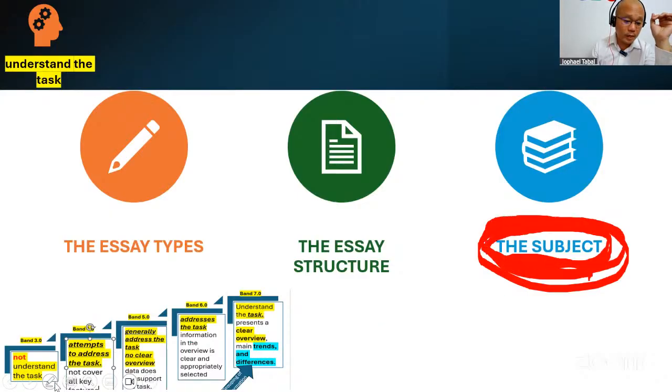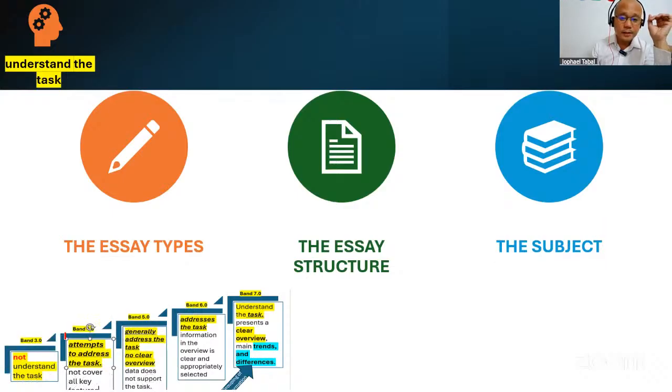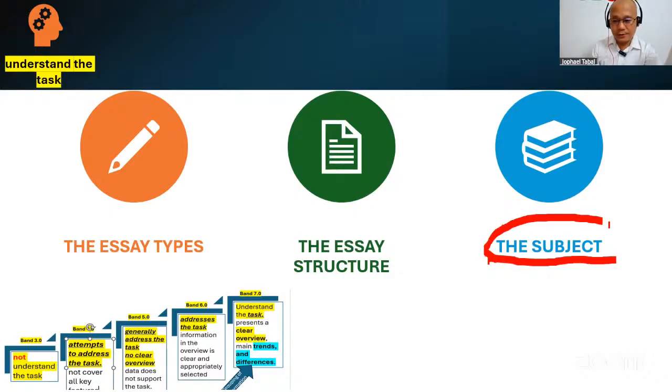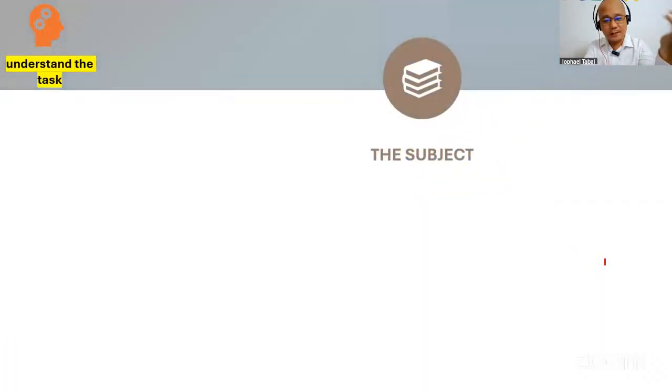Which is why they would often ask me, teacher, why couldn't I get a higher band score in writing task 1? Because it is our concern today. So I said yes, because the most common issue here is the student's ability to understand the subject. So what do I mean by understanding the subject?